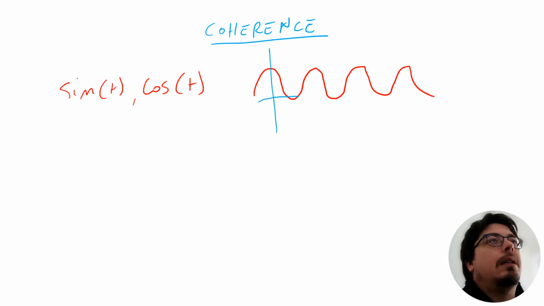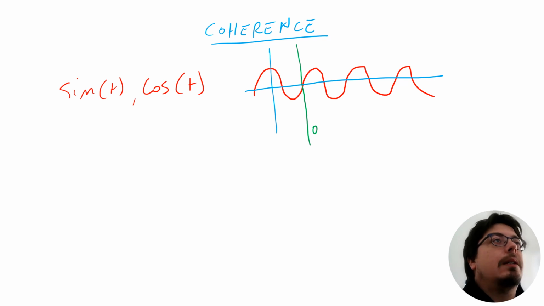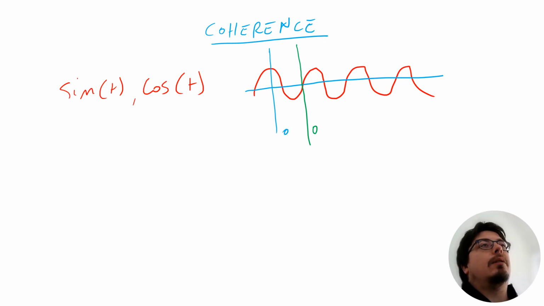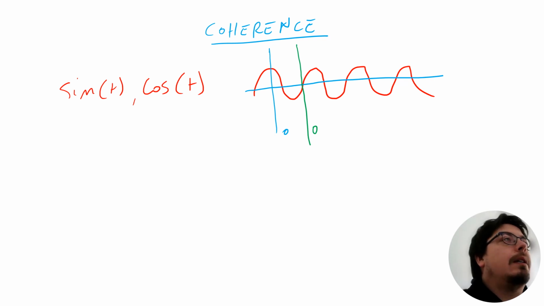Depending on where the zero is, you get a sine or a cosine. It's just a difference in the initial phase.